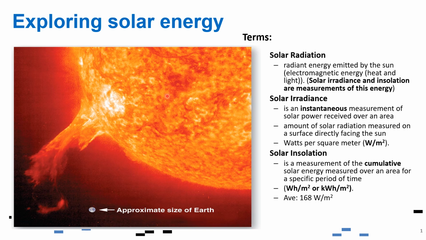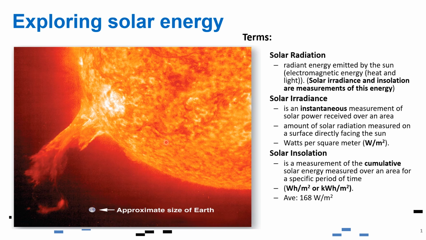The sun is basically a very big ball of fire. It's like a mass of constant nuclear activity, and so this is a very hot mass. It has around 5,000 degrees Celsius of surface temperature and around 15 million degrees Celsius at the core of the sun. So it's a nuclear core.